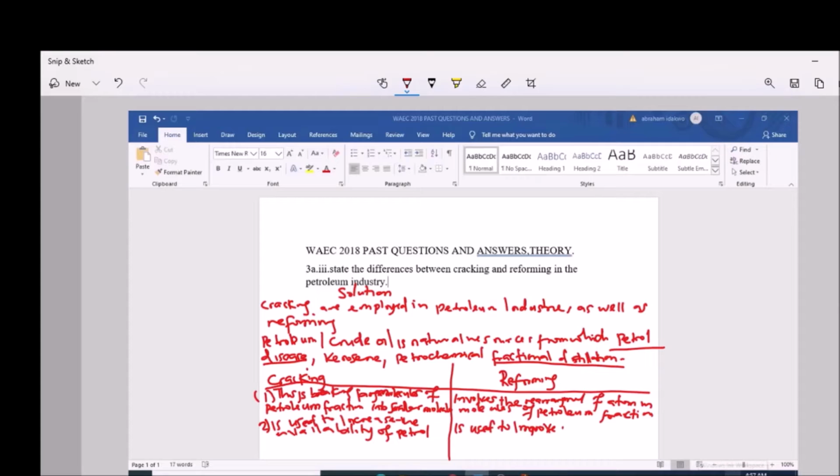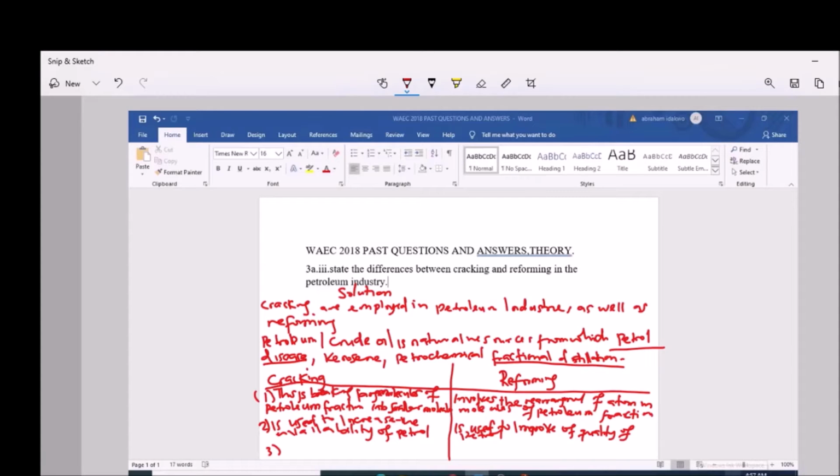So reforming is just the opposite of cracking. It is used to improve the quality of petrol.